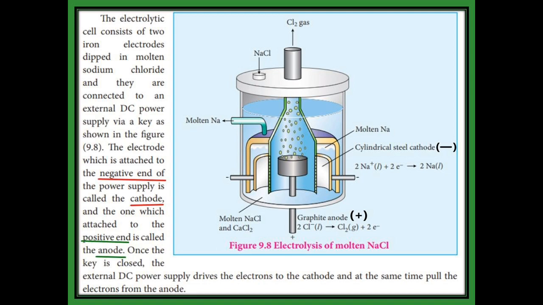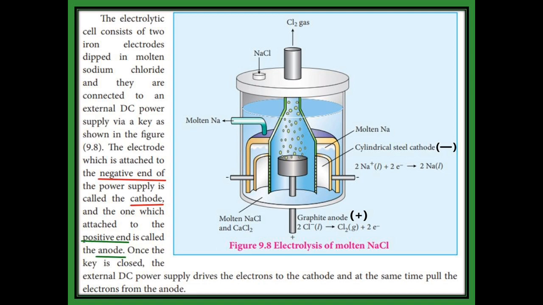The chloride ion Cl minus, because of its negative character, moves to the anode, which has a positive character. Here the chloride loses one electron and becomes Cl, but for Cl2 we need 2 Cl minus, so it loses 2 electrons and becomes Cl2 gas.